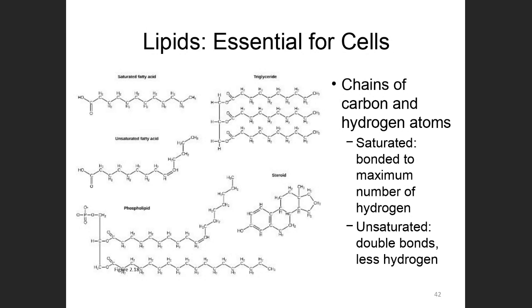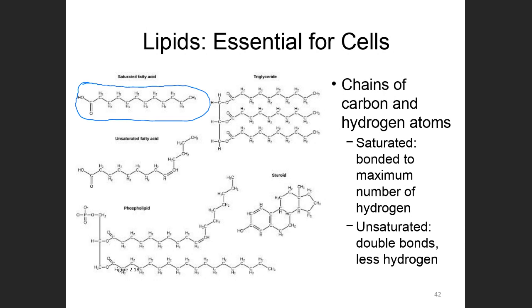And you may have heard the term saturated fat and unsaturated fat, how much saturated fat you should have in your diet, and that it's less healthy and all of that. The difference between a saturated fat and an unsaturated fat is how many hydrogens it has. So if it's saturated, that means it has as much hydrogen as you could fit in there. And so here we've got a saturated fat, and if you look, it's kind of like a straight line.